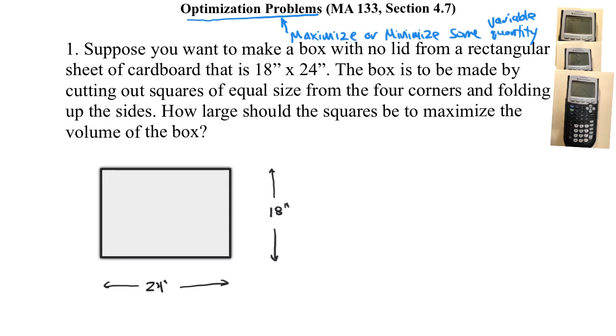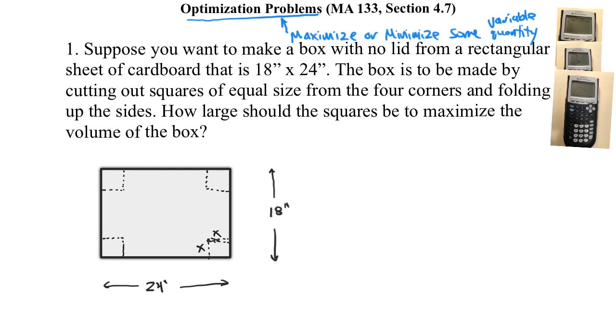So we're going to cut out these little square pieces of the box. It's going to be square. So these are going to be x by x. All are going to be the same.